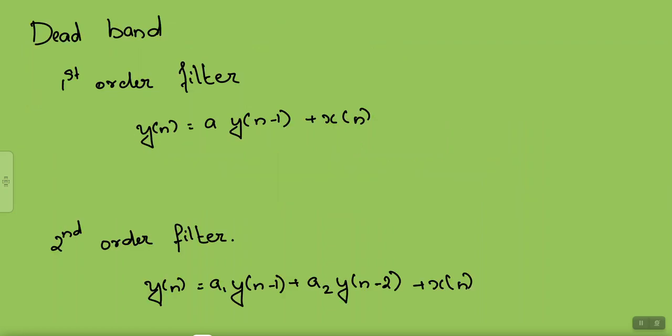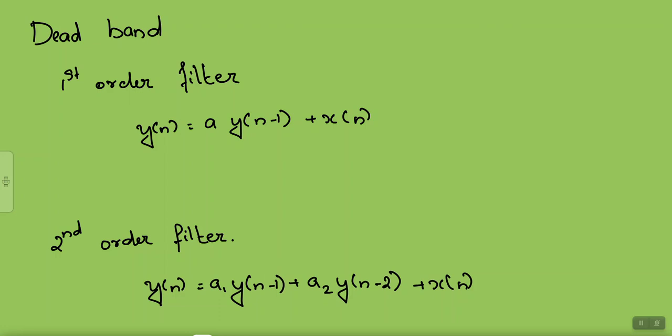Next topic is deadband. Deadband is the amplitudes of the output in the limit cycle which are confined to a range of values.